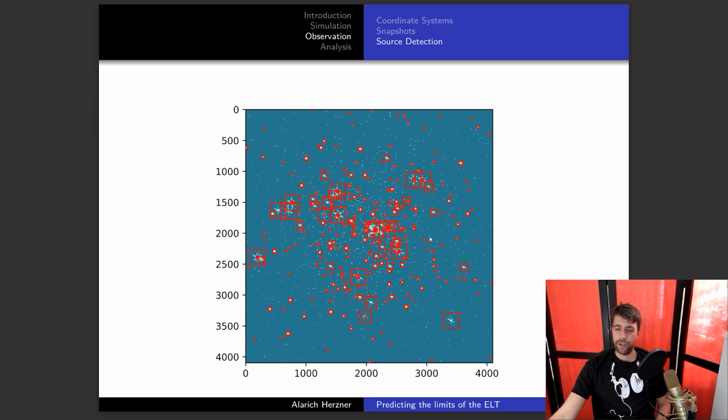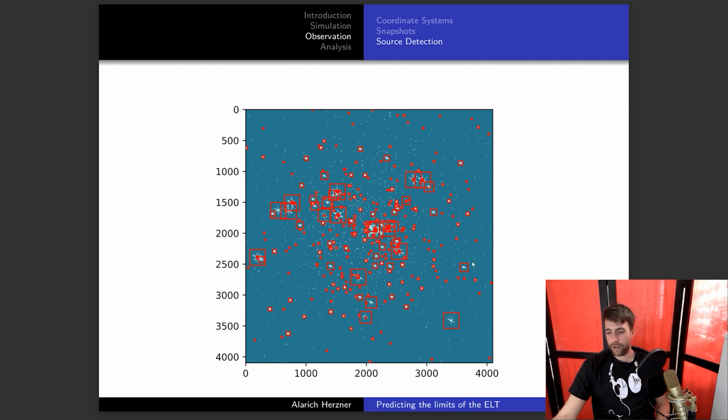What masking allows you to do is essentially say, well, in this region, right, I do not want to detect any stars. And this is what I used in order to deal with those diffraction spikes, right? So these issues coming from those images, I do not want to detect those spikes as stars, right? They are no stars. So what I ended up doing is masking the regions around bright stars and only accepting the brightest source, so the one in the center, as a real star, and all the others are ignored.